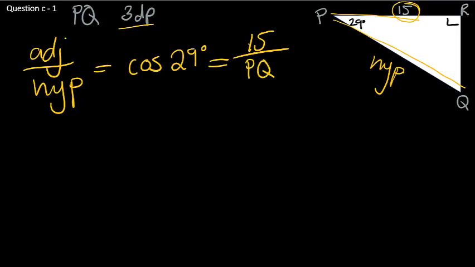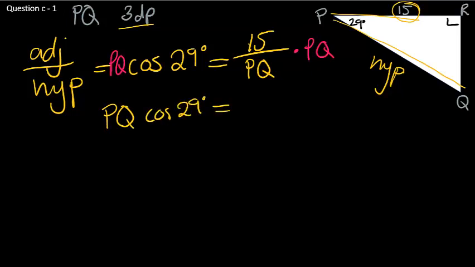Okay, so in order to get PQ alone, I am going to multiply by PQ on both sides. So PQ cos 29 degrees is equal to 15. So that and that cancels out. Now I'm going to divide by cos of 29 on both sides.